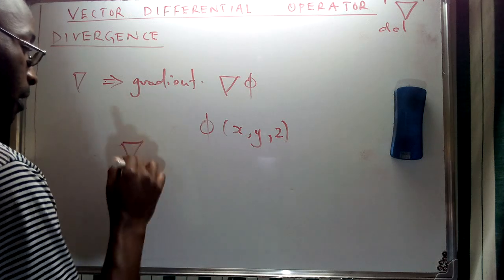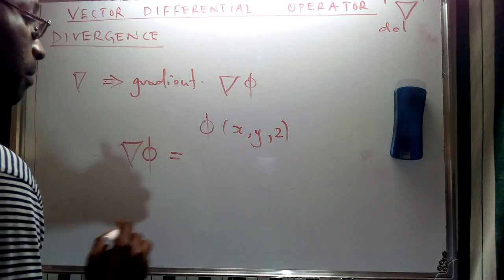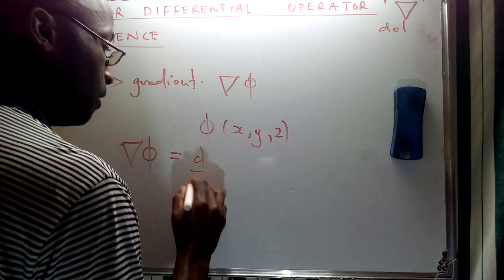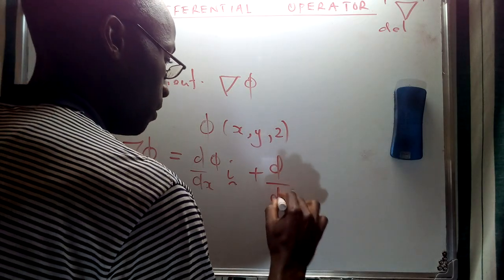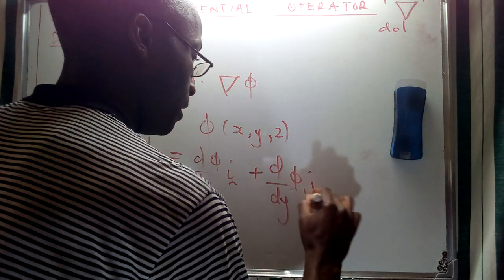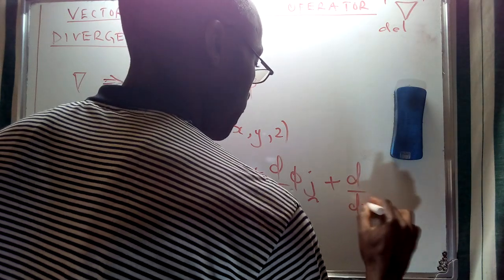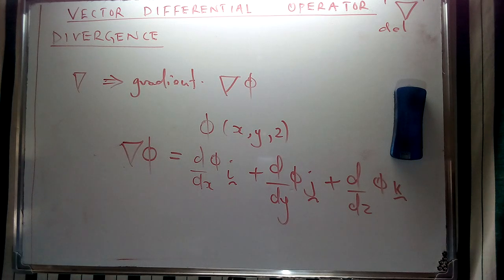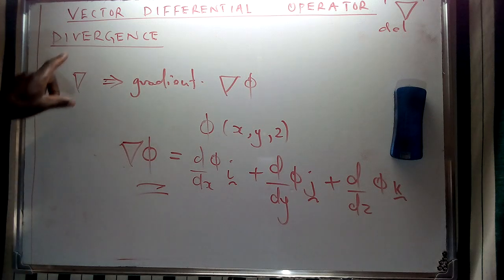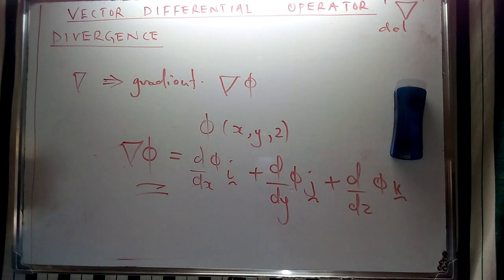Del phi can be given as d over dx phi i plus d over dy phi j plus d over dz phi k, which gives us a vector field, defined as a gradient. And in this discussion, we're going to look at the second application of this vector differential operator, and this is what we refer to as a divergence.